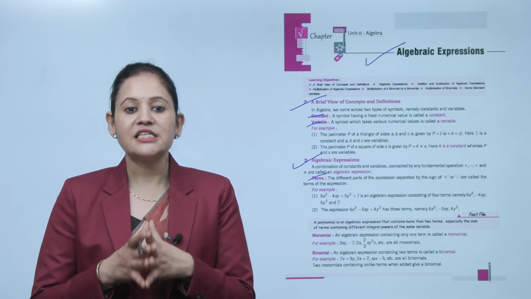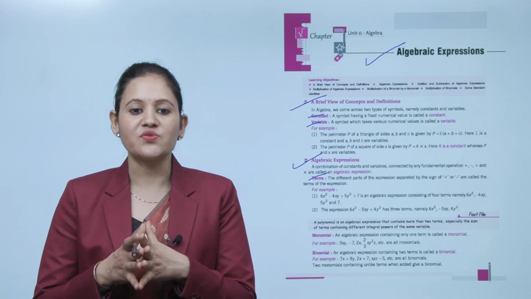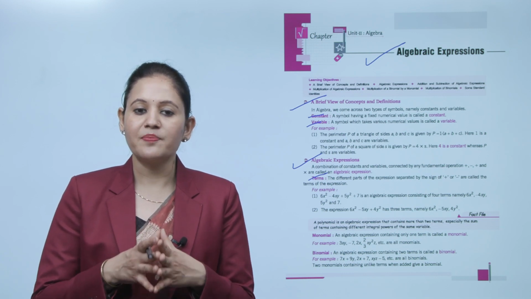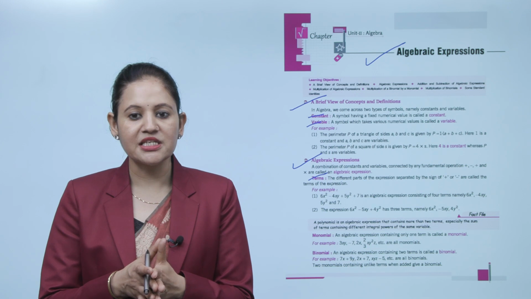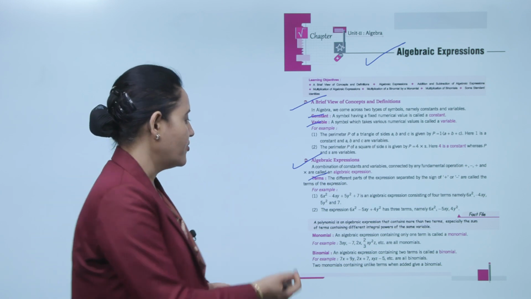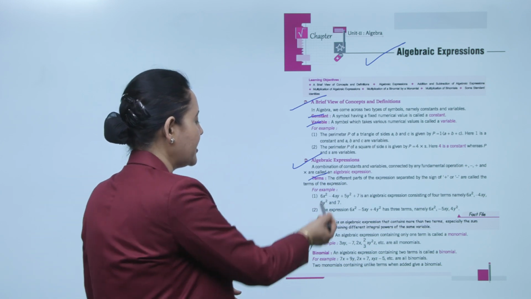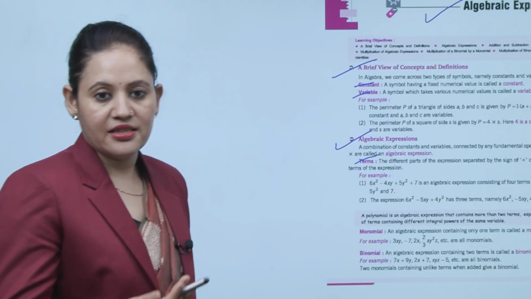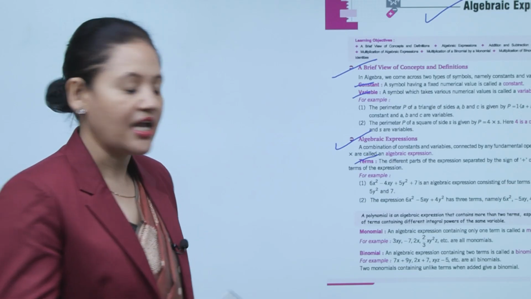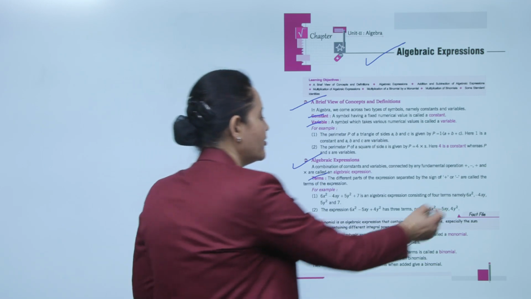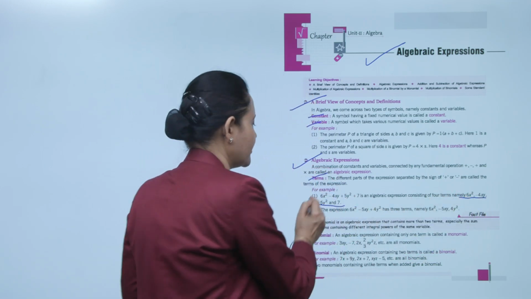For example, 6x square minus 4xy plus 5y square plus 7 is an algebraic expression consisting of 4 terms. One is 6x square, other is minus 4xy, next 5y square and 7. So these are the 4 terms in the given expression.